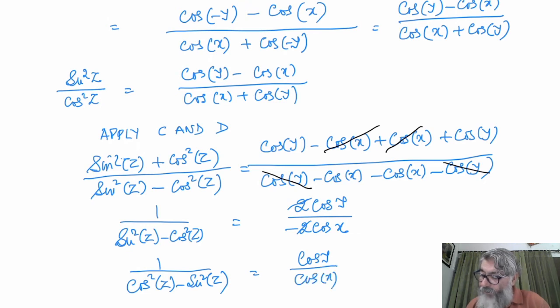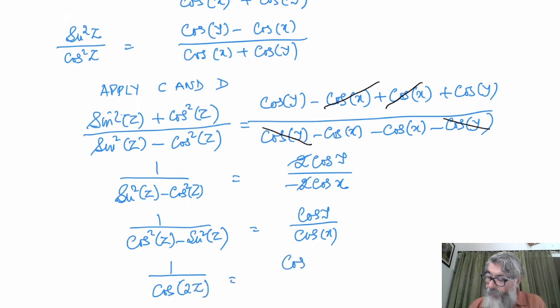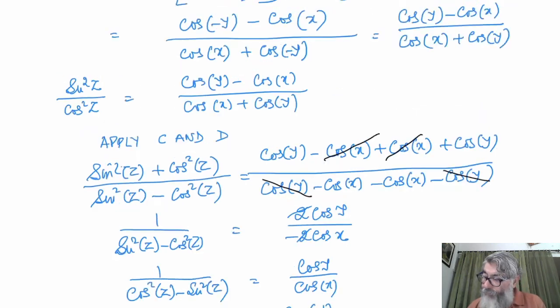Why have I done this? Because cos 2 theta is cos square theta minus sin square theta. So it will become cos 2z, which is equal to cos y upon cos x. And what did we have to prove?